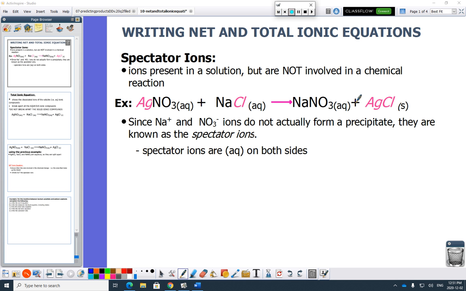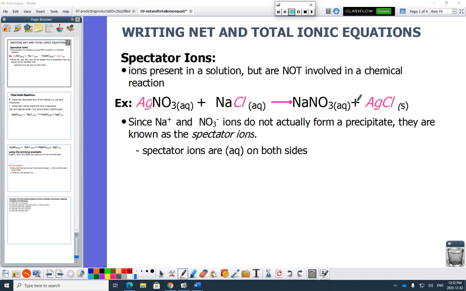But what we are actually trying to show with a net or total ionic equation is how the solid forms. You can do this for single displacement, so then it's basically getting rid of, for when we did the computer activity, the nitrate ions and only considering the ions that actually switch.